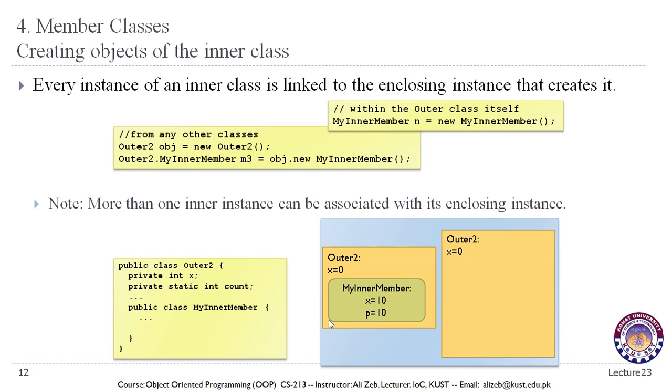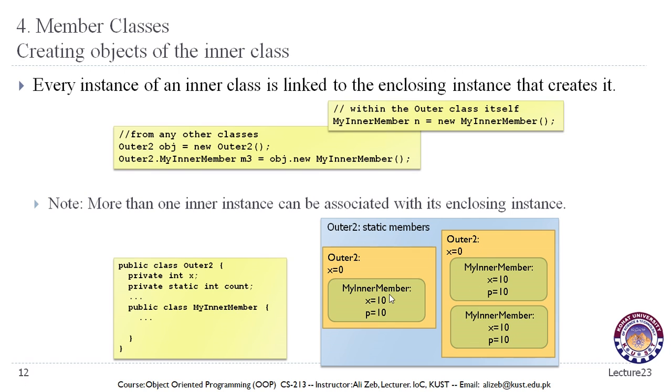So we have one object and we have another object, and in this case we have two objects of the outer class, each associated with two objects of the inner class.